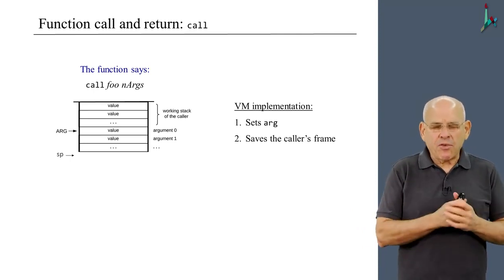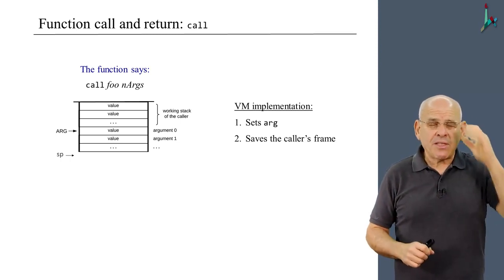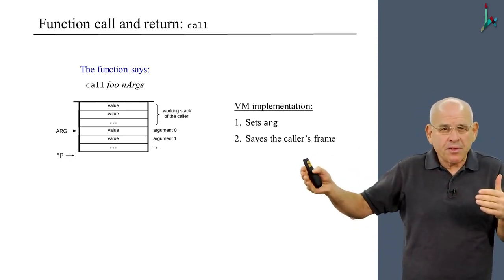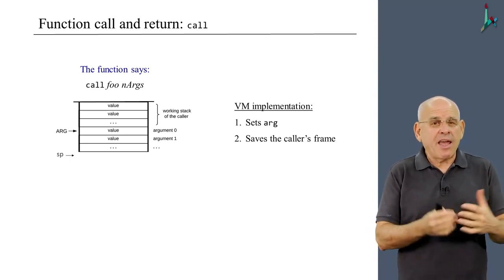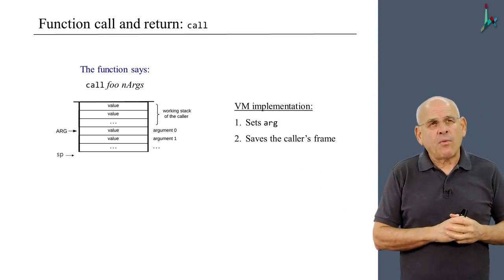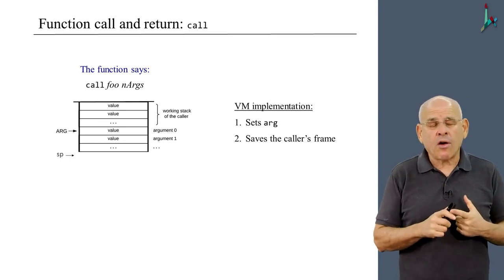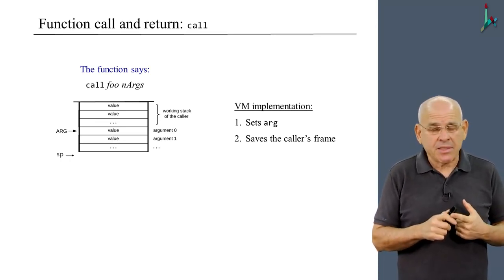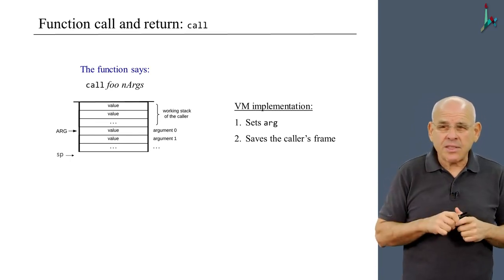Now, what else do I have to do as the VM implementation? Well, recall that previously we said that before we jump to execute the called function, we have to save the state of the caller. Now, what is the state of the caller? It consists of the working stack of the caller and the current segments that it uses. Well, the working stack is saved, right? I mean, look at the stack. It's right there.